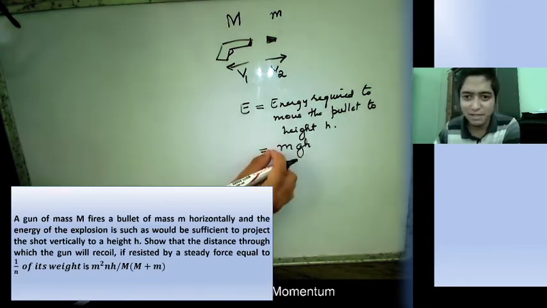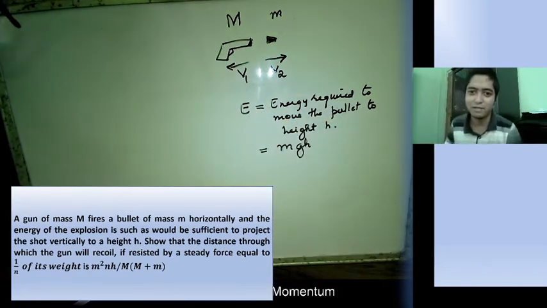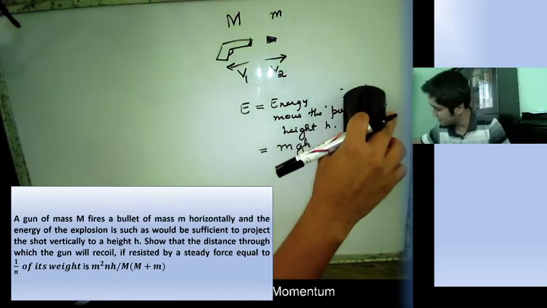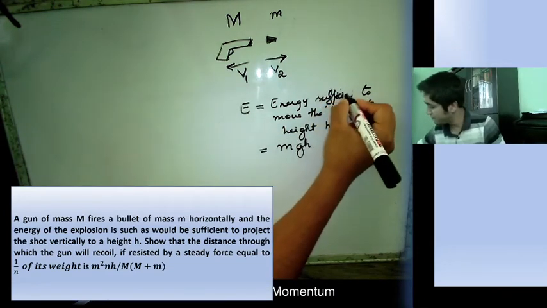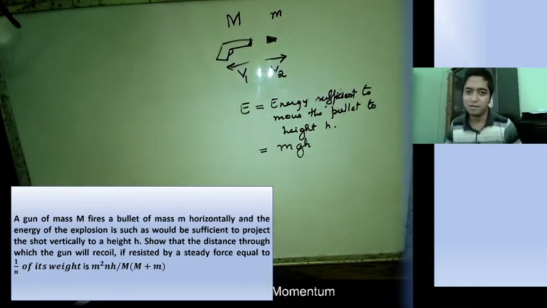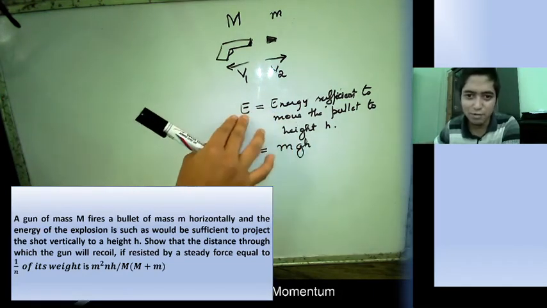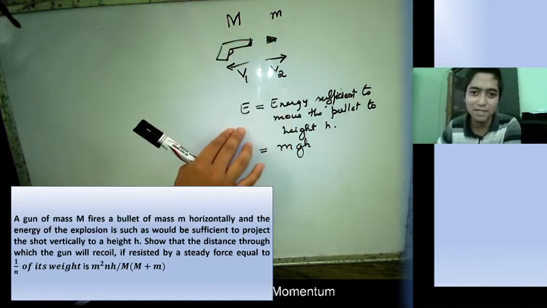So this is the energy of the explosion, sufficient to move the bullet to height h.